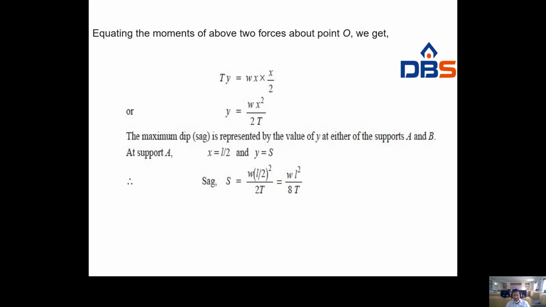This is a very important formula for competitive examinations and any type of examinations. Sag at equal level of supports: the maximum dip or sag is WL square by 8T, where W is the weight of the conductor, L is the span length, and T is the tension.